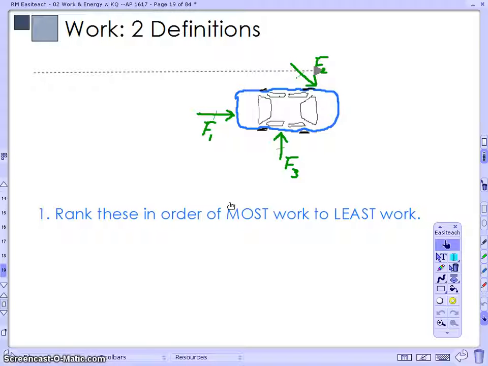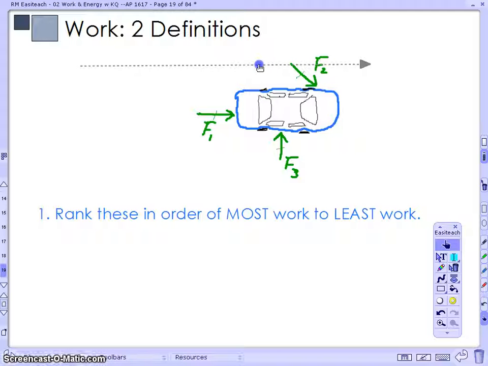All right, here's the answer. F1 did the most work because F1 was the most directly parallel to this very displacement. See, totally parallel. F2 did the second most amount of work because, look, part of it is parallel.